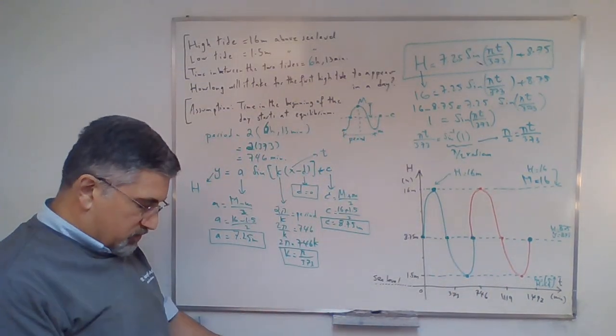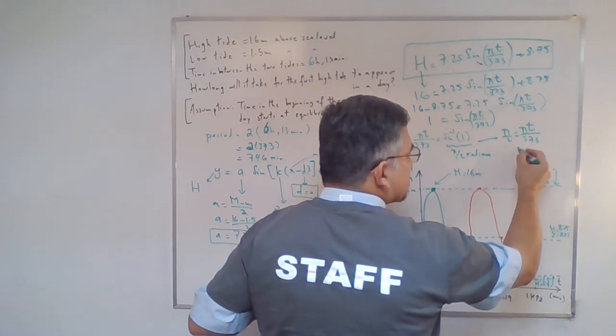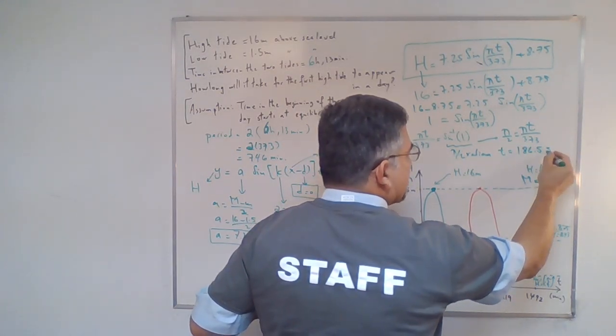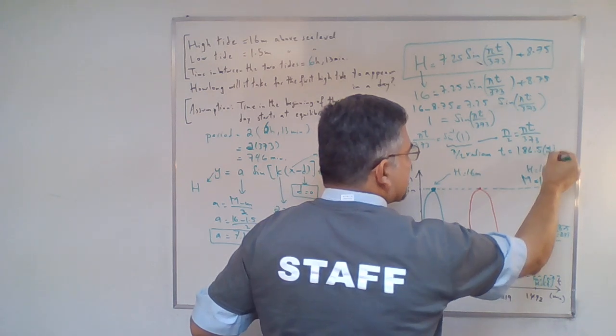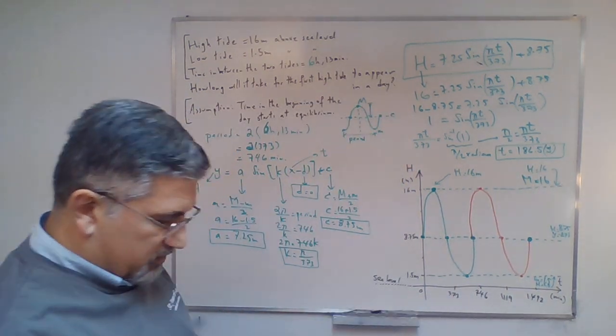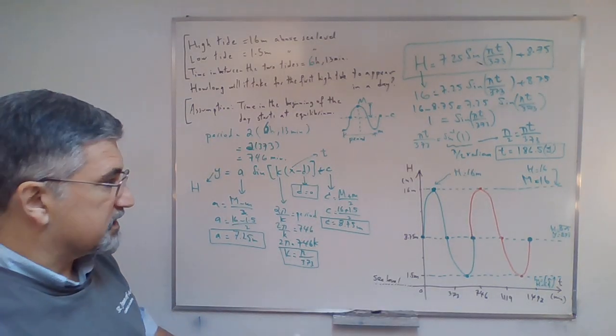And now I need to solve for time t, which gives me 186.5. So 186.5, and that is the time measured in seconds. So this is the time required to reach the first maximum, basically.